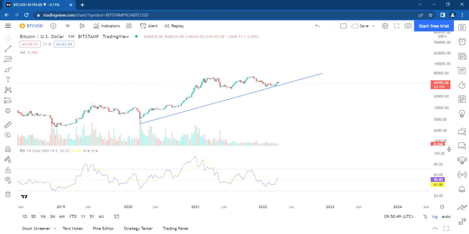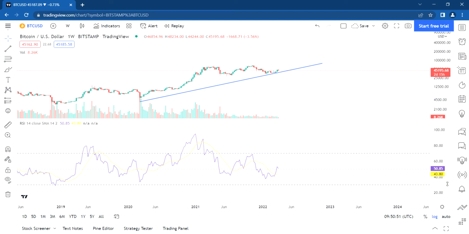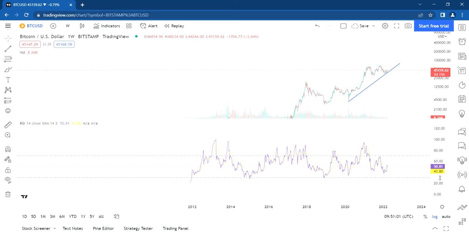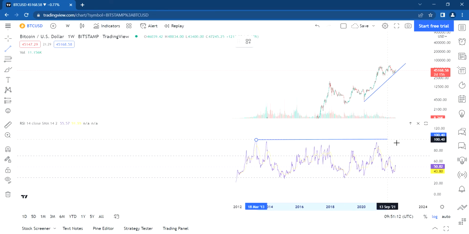So here we have the RSI, a momentum indicator, and each asset has different ranges in terms of what is the top and what is the bottom. For Bitcoin, I'm just going to go all the way back to 2013 and use a trend line for this. So here's the top, and I'm going to go to where we are right now, right here.